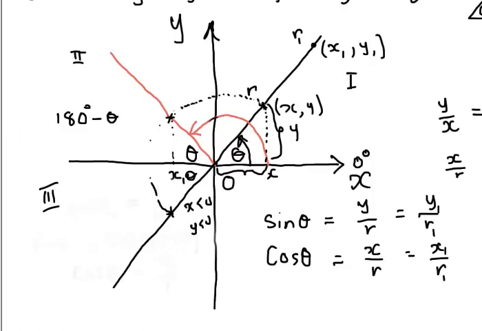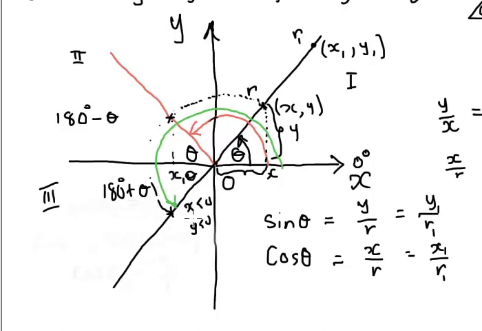So this new angle here, I'll put it in green here. That angle there is actually 180 plus theta altogether. Then these two are negative.